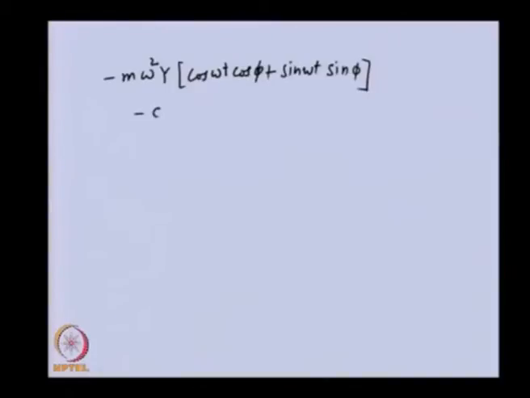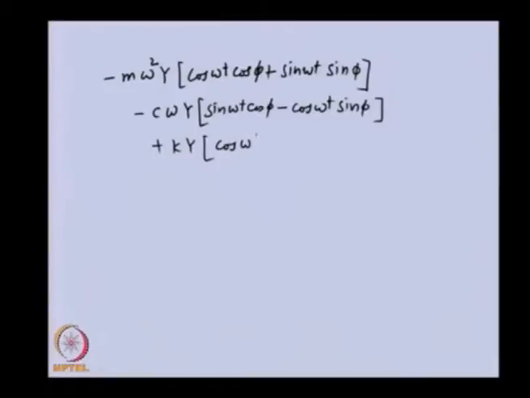Then from the damping term we can have sin omega t cos phi minus cos omega t sin phi. Then from the third term, the elastic term, we can expand that as cos omega t cos phi plus sin omega t sin phi, is equal to the unbalanced force.